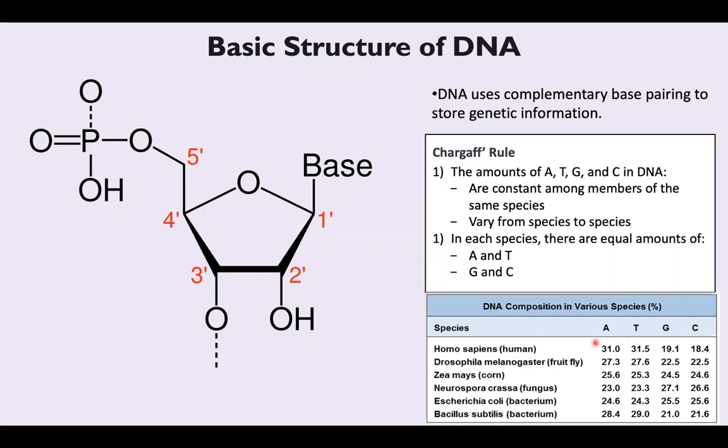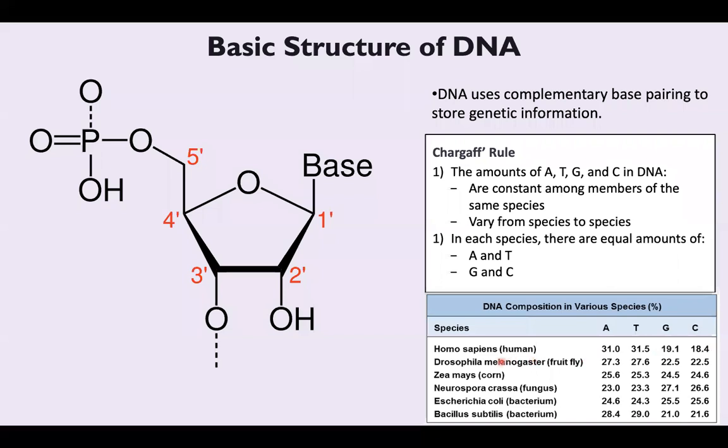These two are similar, so we can say they are equal amounts. G and C are 19.1 and 18.4, they don't differ much. So we still can consider it as equal amounts of DNA composition.